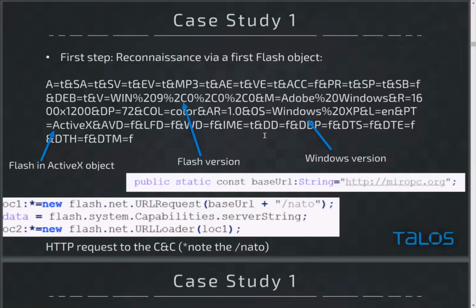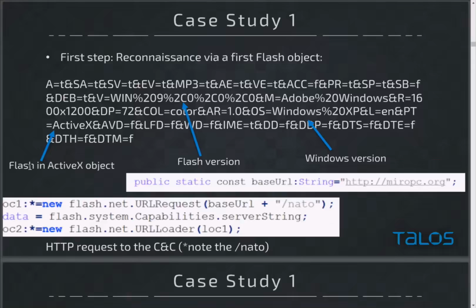So, for example, you have the Flash in an ActiveX object. It means that if you extract the Flash object from the document and you execute it standalone, typically when you are an analyst, you take the sub-objects and you work individually on each sub-object.